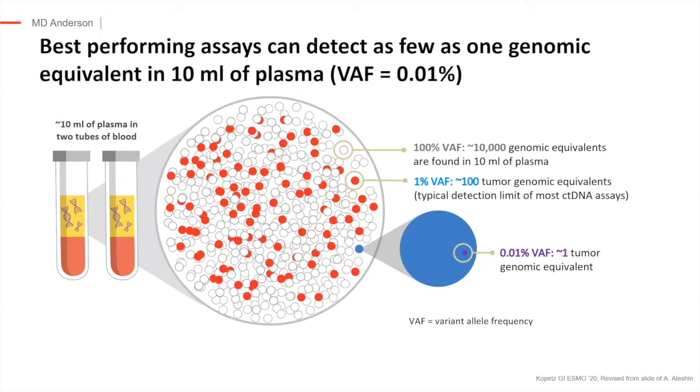This is all enabled by tremendous technical advances in sequencing that allow us to find the proverbial needle in the haystack: a DNA fragment in circulation among a tremendous amount of normal DNA that's shed on a daily basis into the blood.